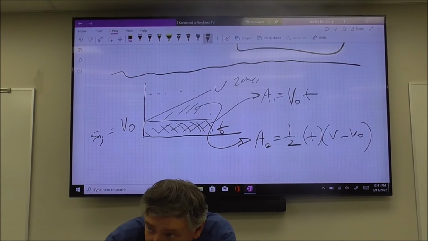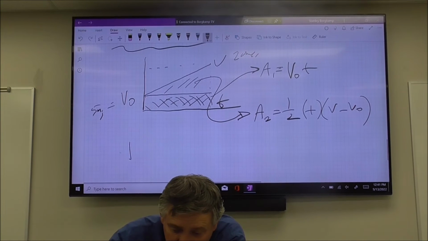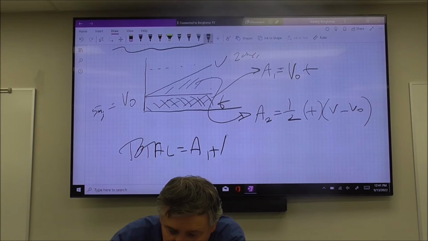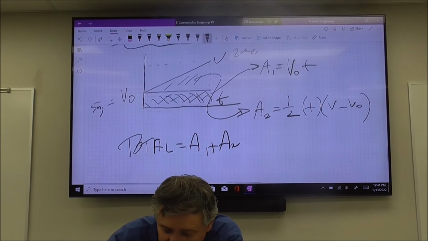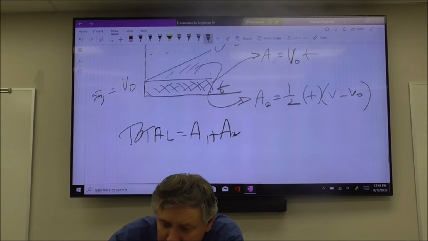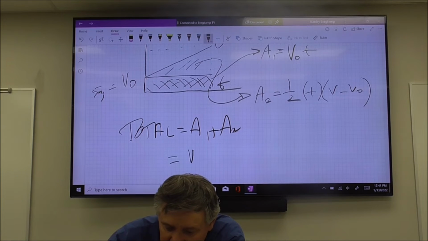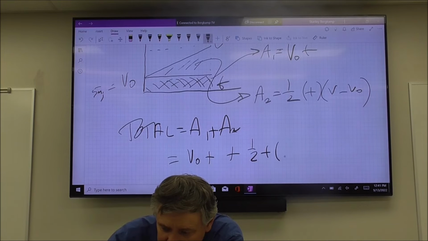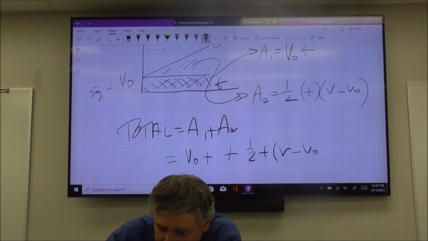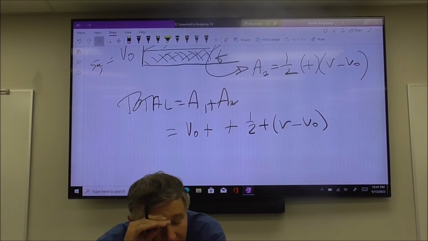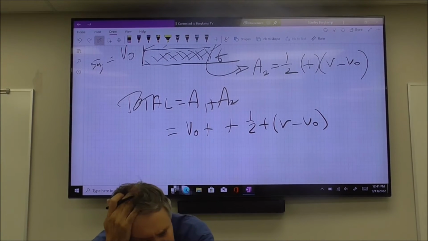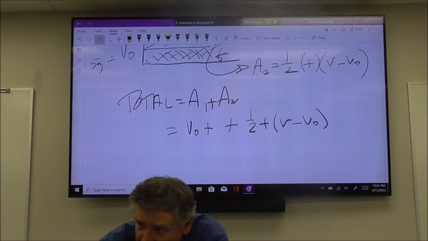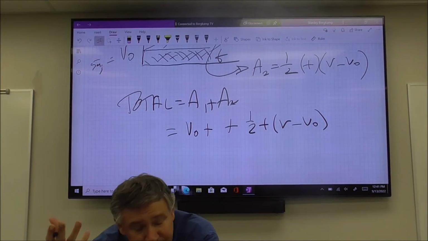So now, my total area is going to be area 1 plus area 2. That's going to be V naught T plus 1/2 time times V minus V naught. Now, at this point, this is so non-elegant. What you see is that there are certain equations that have a certain elegance to them.